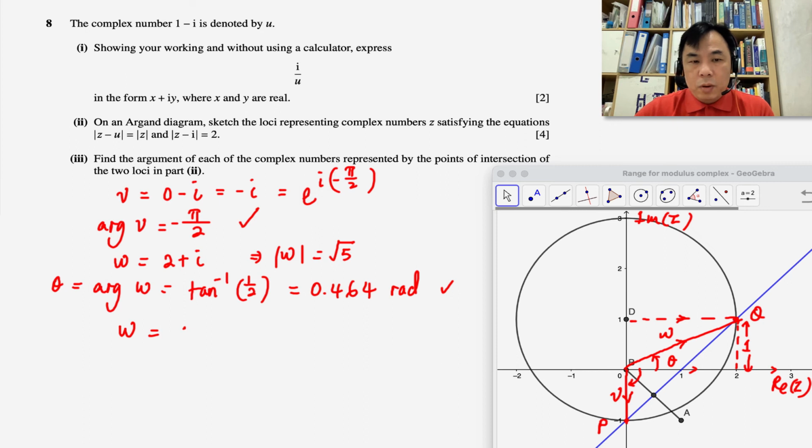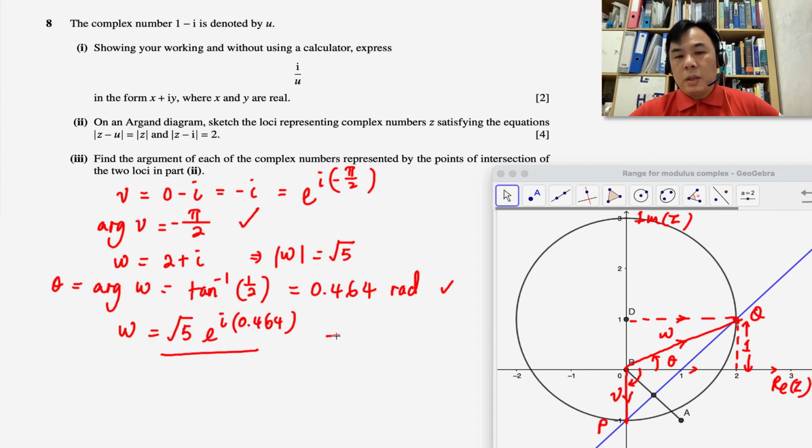And then in Euler form, the complex number W can be written as root 5 e^(i 0.464), the argument being 0.464 radian. Now this is the complex number that represents the point of intersection Q here, and this one here represents the complex number at the position P here. All right, now that concludes our solutions to number 3. I hope that is clear.